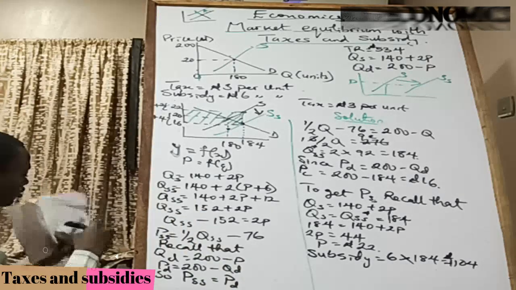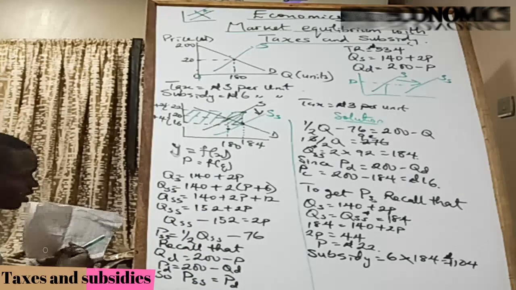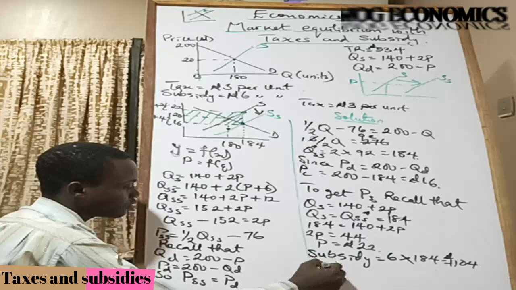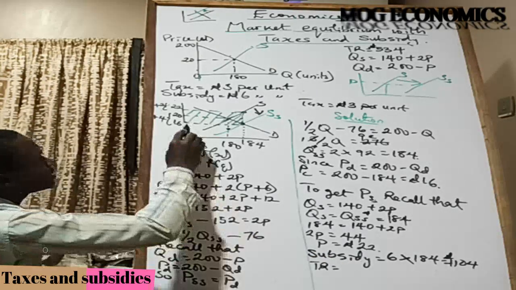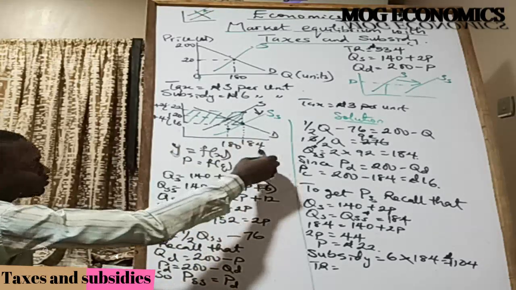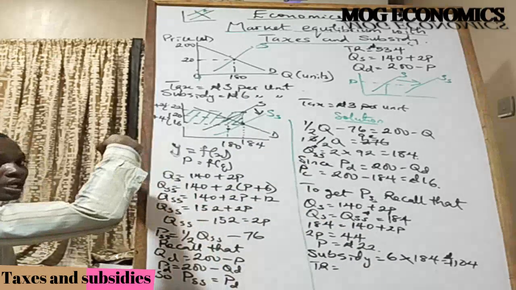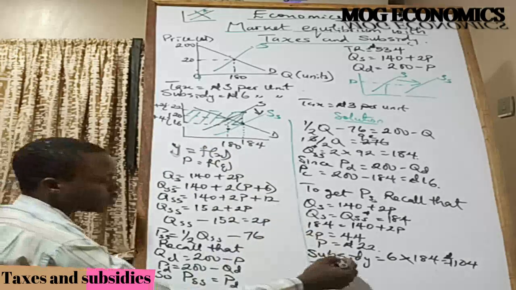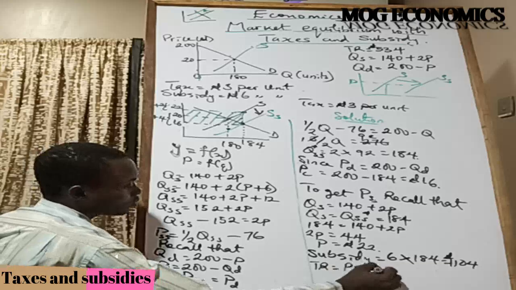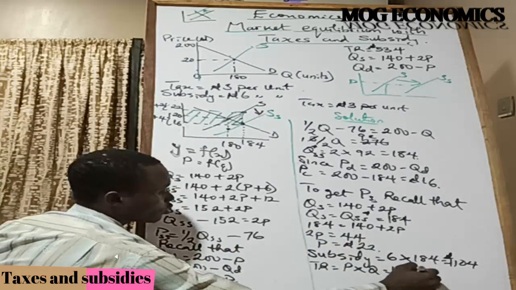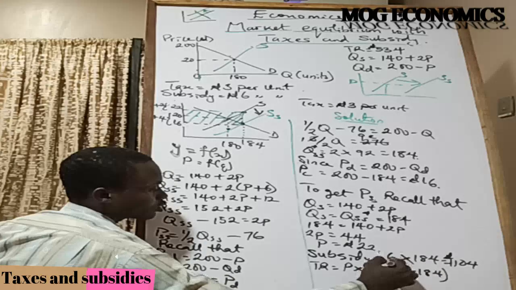Then what is the revenue? The revenue of the producer is not just the subsidy. So the total revenue of the producer is going to be the 16 that the consumers are paying multiplied by 184, plus the subsidy, right? Revenue is P times Q, which is 16 multiplied by 184, the one that consumers are paying.